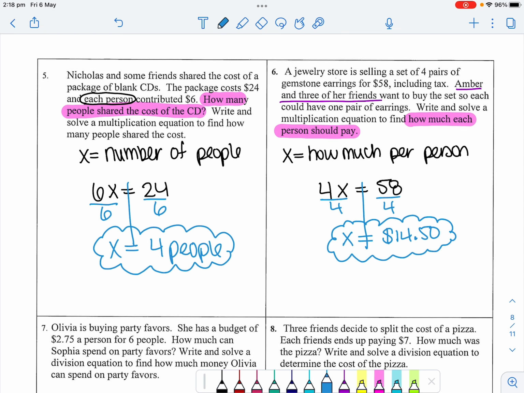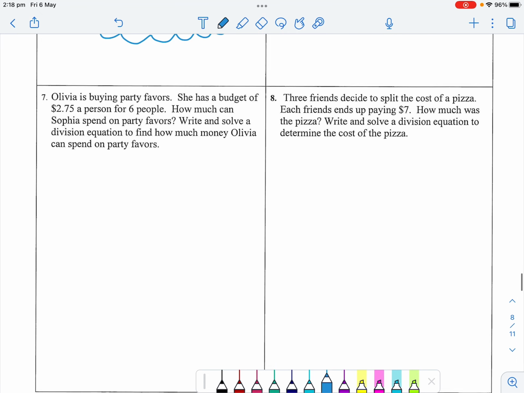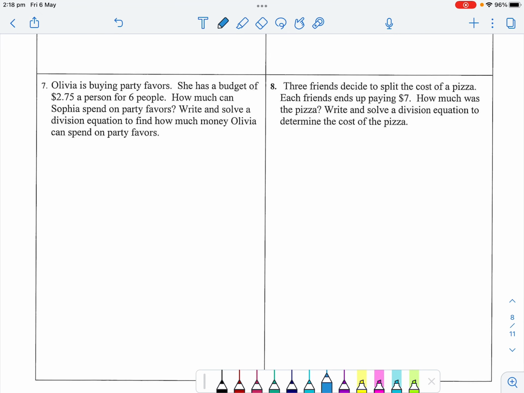Number 7 says Olivia is buying party favors. She has a budget of $275 a person for 6 people. How much can Sophia spend on party favors? So there is my variable. My question is typically what my variable is. So x equals amount to spend.